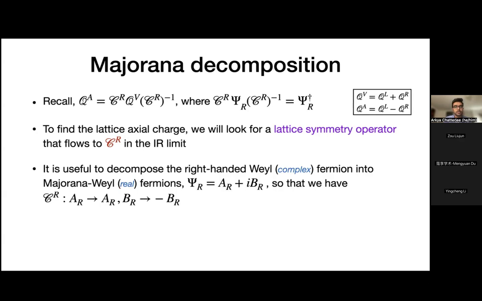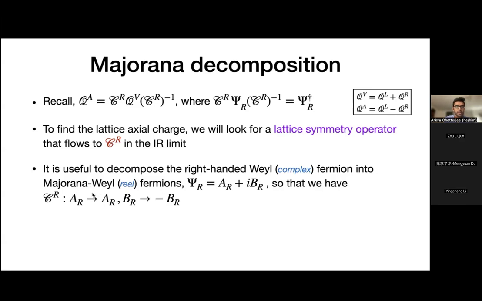And to do so, it's useful to split the complex fermion into two real components. I call them A and B. In particular, we'll focus on the right-handed one because that's the one that's going to play an important role. So CR, which takes psi_R to psi_R dagger, acts on A and B as shown here.